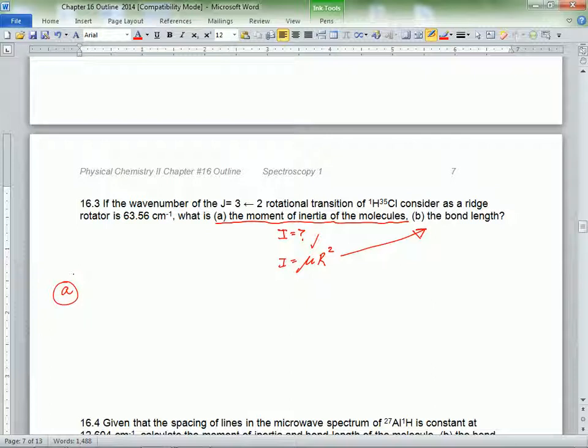They gave us the wave number. I've got to go back in the notes. That wave number has to equal what?